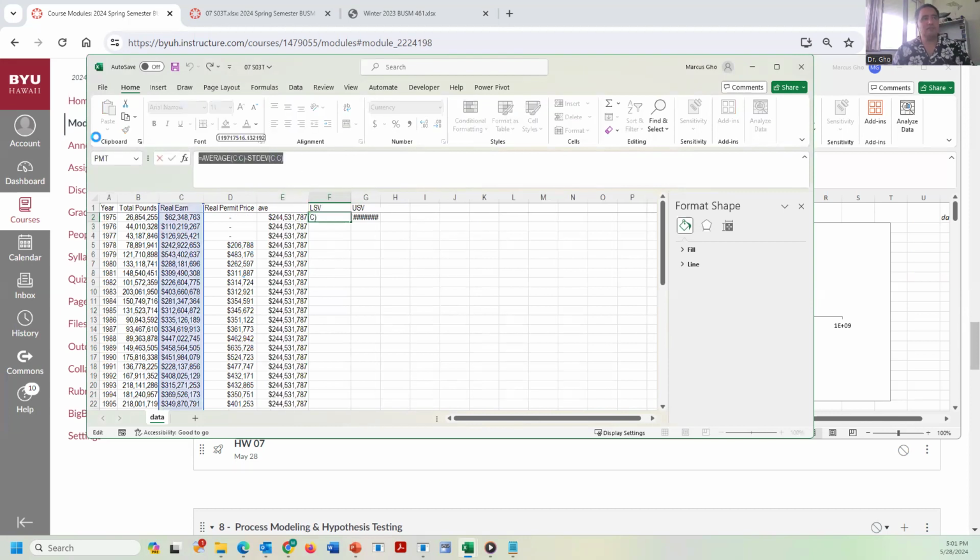For the upper specification, we're looking at one standard deviation, so we replace that negative sign with a plus sign. If we're looking at 2 standard deviations, I would type in 2 times the standard deviation, or however many sigmas we're going out.